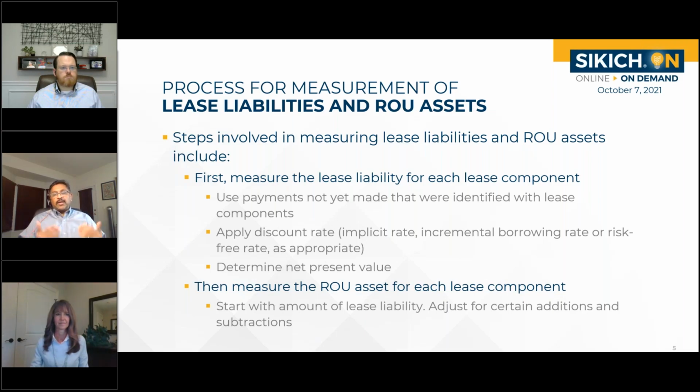Right after we calculate the net present value of the lease liability, then we measure the right-of-use asset amount for each of those lease components. To calculate the right-of-use asset amount, we'll start with the related lease liability. To that amount, we would add and subtract some lease-related items. We will see what those items are in the next couple of slides.